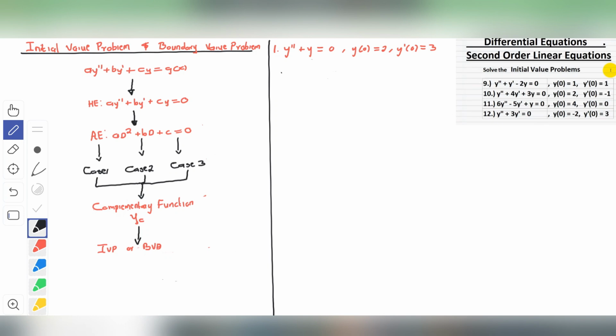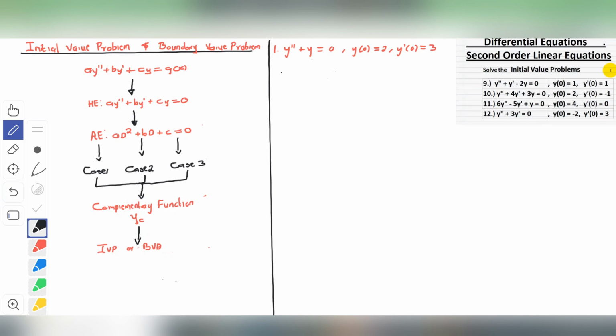The first question says, solve the initial value problem given y double prime plus y equals 0, with y of 0 equals 2, and y prime of 0 equals 3. Whenever you're given something like this, find the complementary function first.